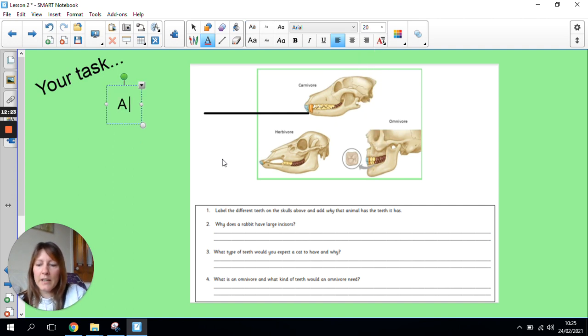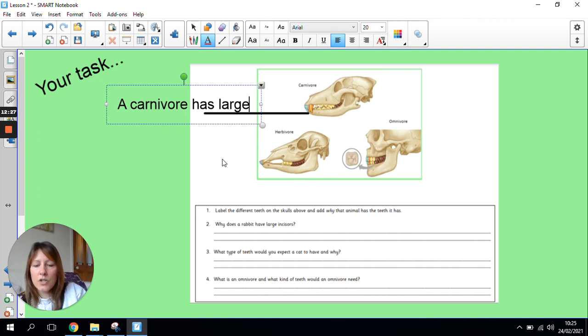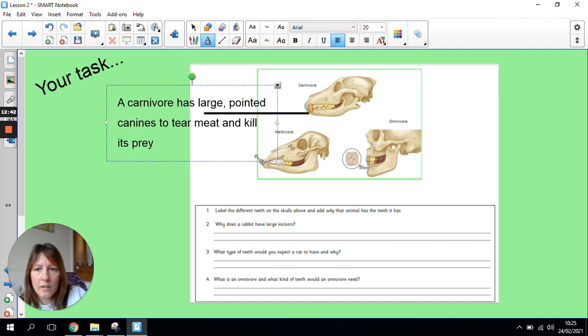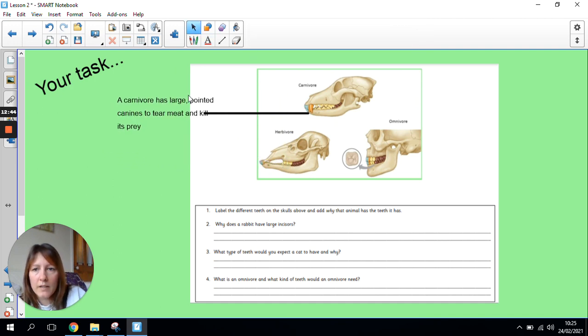I'm going to write: a carnivore has large pointed canines to tear meat and kill its prey. Okay.